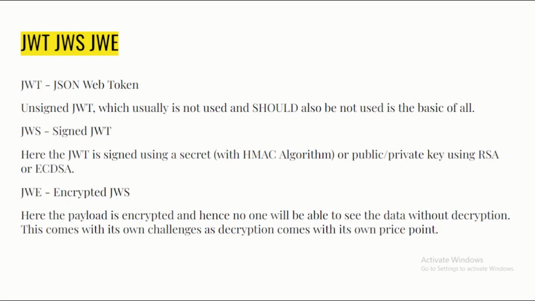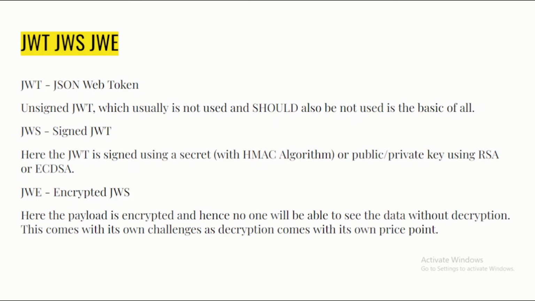I was saying that the information present in a JWT can be viewed in online decoders or the libraries. But what if you want to use the JWT and hide that information? Then comes JWE, the encrypted one, JSON Web Encrypted tokens.